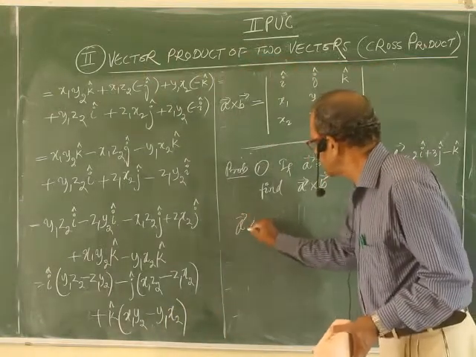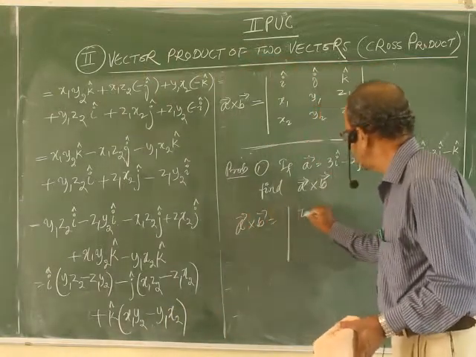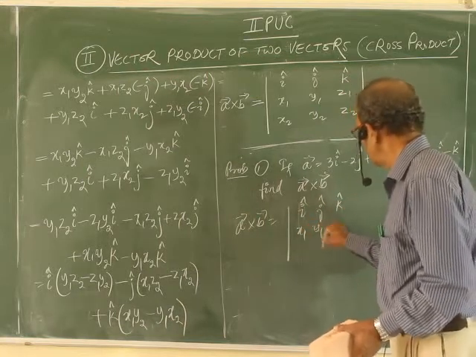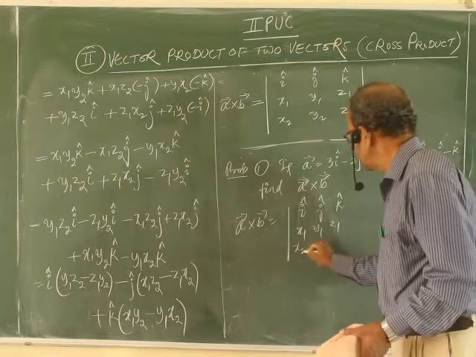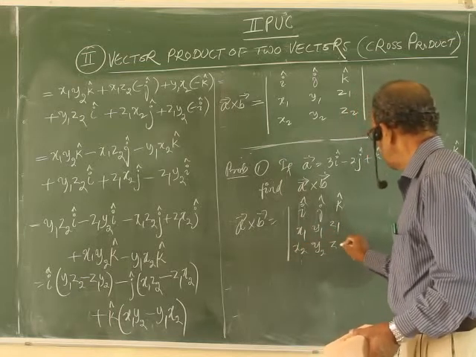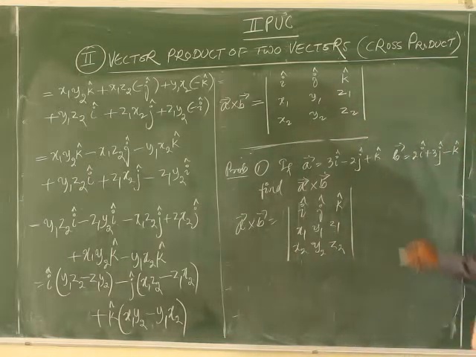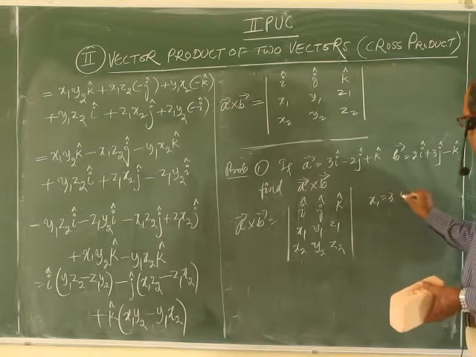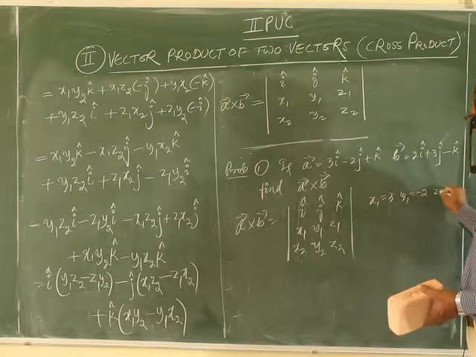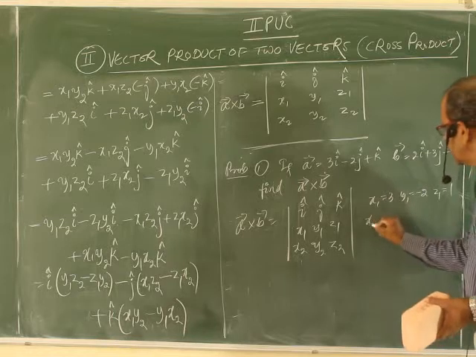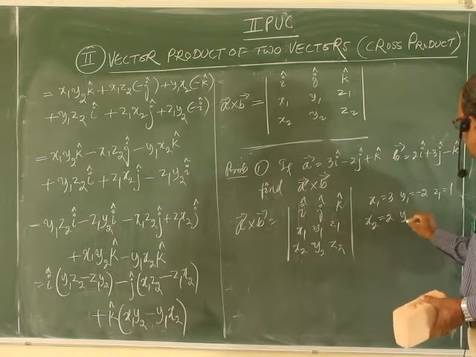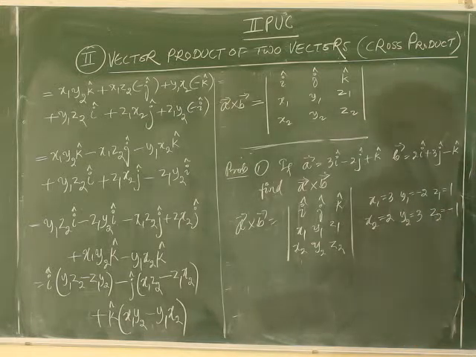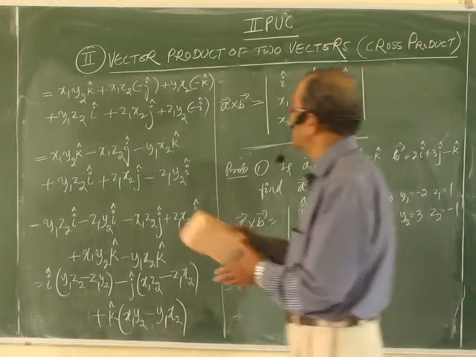A cross B equal to, the formula is just this: I, J, K, x1, y1, z1, x2, y2, z2. Let me list the values: x1 is 3, y1 minus 2, z1 1, x2 2, y2 3, z2 minus 1. Calculate.